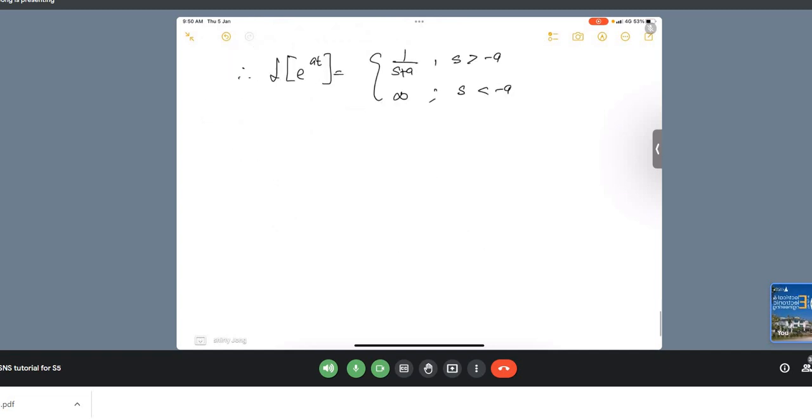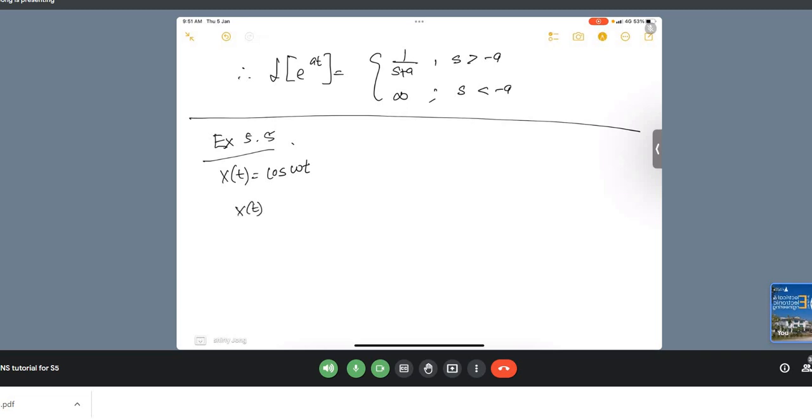Okay, I explain one more question before we stop. This is example 5.5. Example 5.5, the x(t) is cos omega t. You know that x(t) is cos omega t, so you can change to exponential. This is the exponential form.